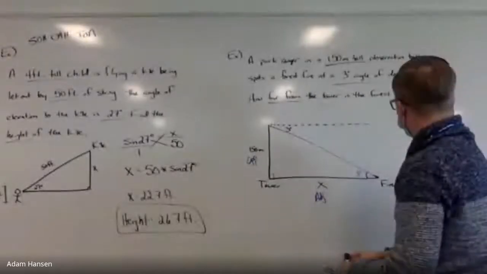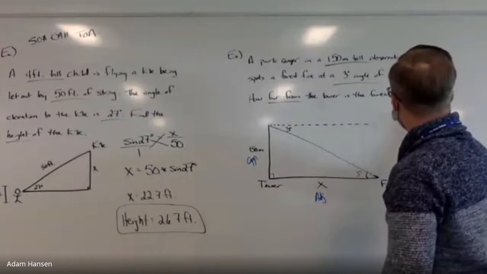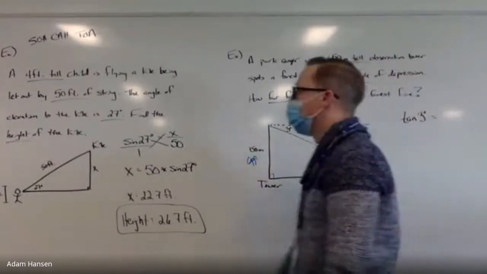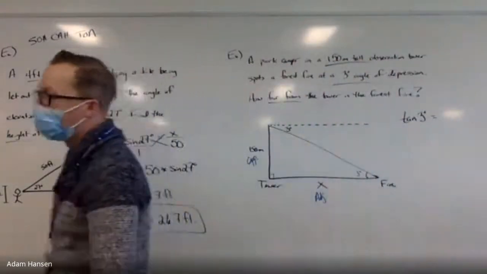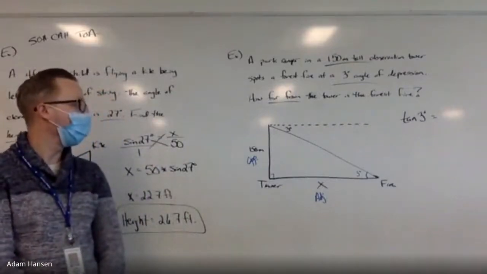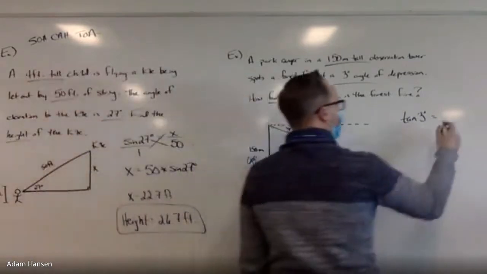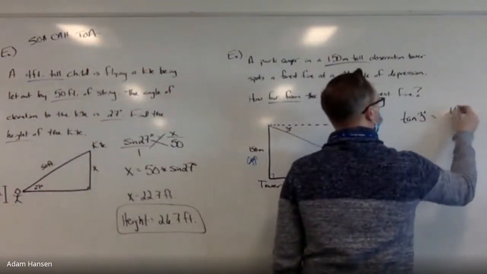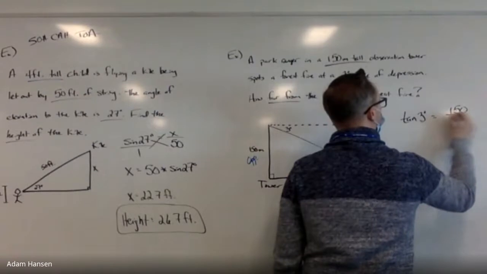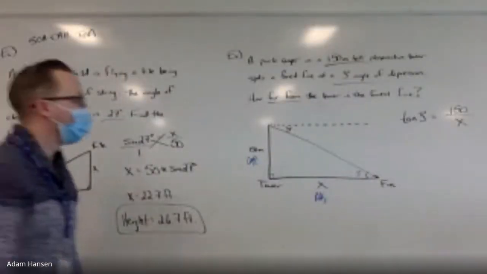The tangent of 3 degrees equals what to what? Which proportion? 150 over x or x over 150? 150 over x, opposite to adjacent. All right, let's cross multiply again.